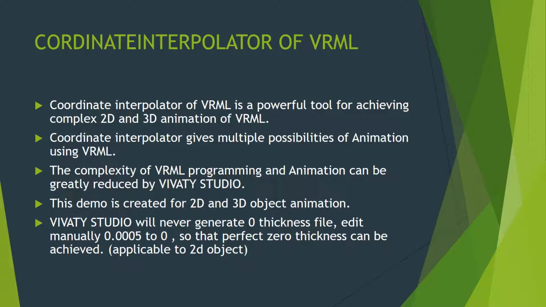Even if we try to generate a file of zero thickness, it will give some thickness, maybe of the order of 0.0005. So we have to manually edit that file from 0.0005 to 0, so that perfect zero thickness can be achieved. Now this is applicable to only 2D objects.